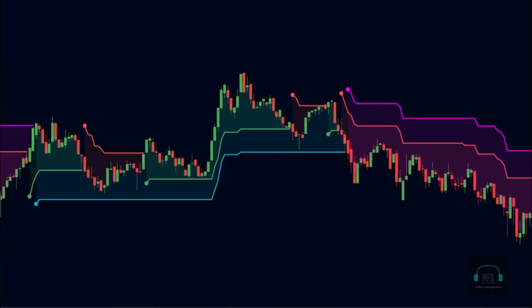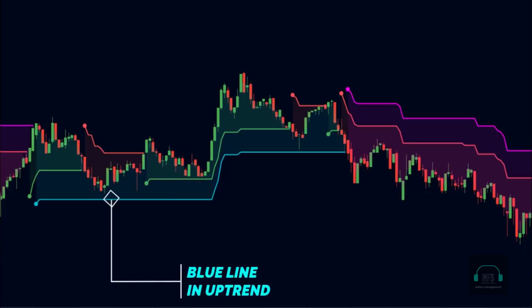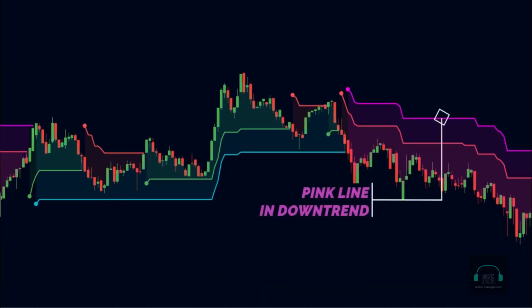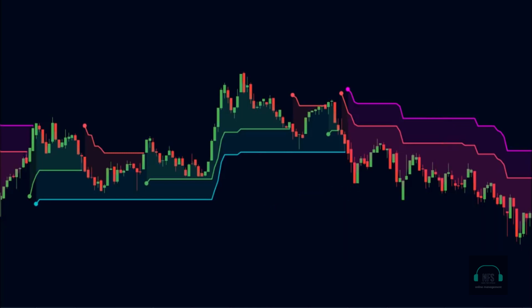To make things simple, we will change the color of this Supertrend. Instead of a green line, we will use a blue line in an uptrend. And instead of a red line, we will use a pink line in a downtrend. Using different colors for different Supertrends is very important.